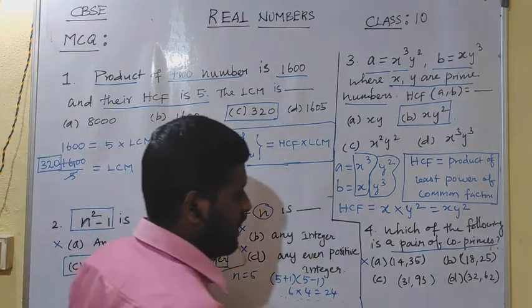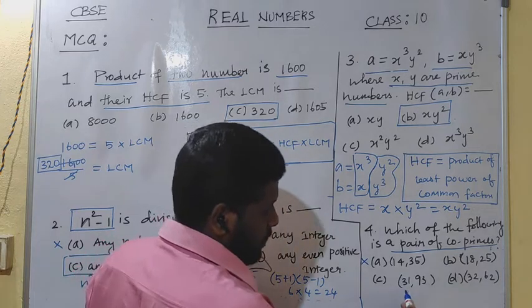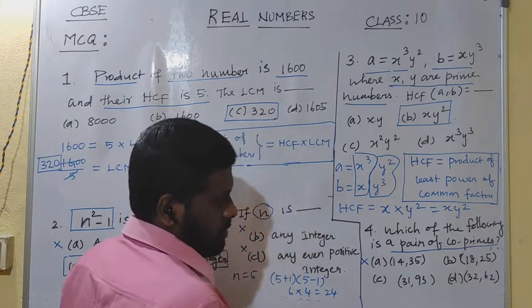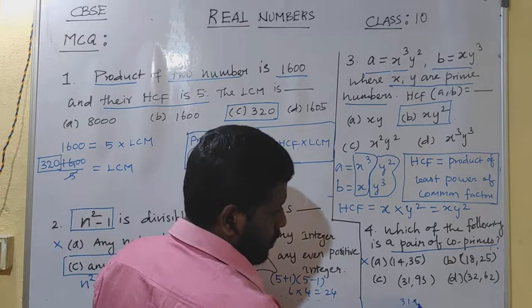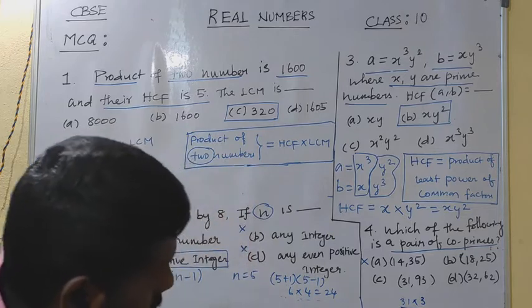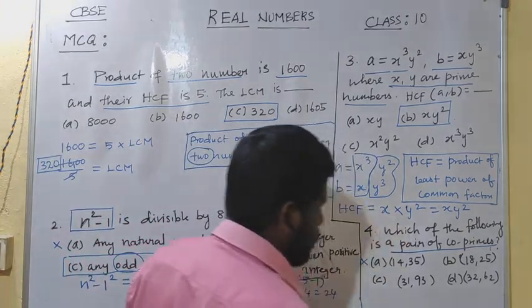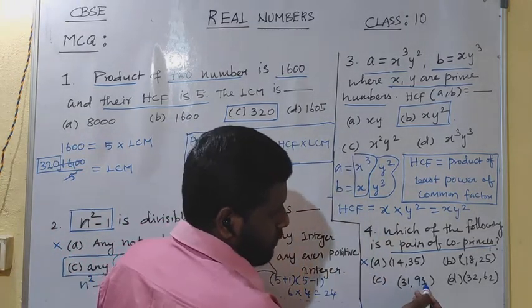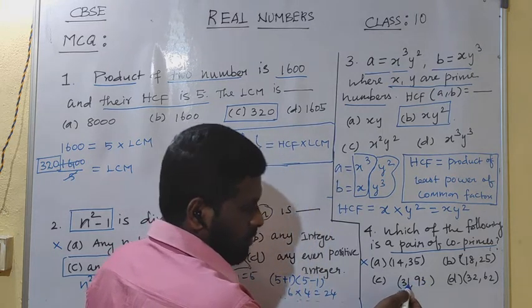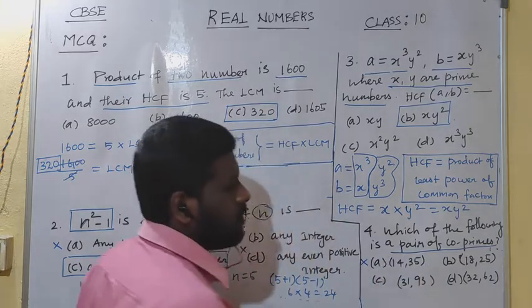Now let me go further. Here, 31 and 93. Just listen to me. 31 into 3 is what? 93. See, when you multiply 31 by 3, you will get 93. So this pair goes in the first table and also in the 31 table.